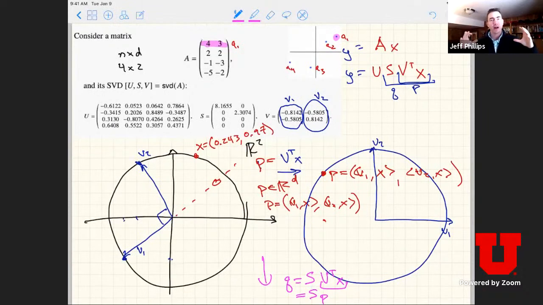It's a diagonal matrix, like an identity matrix, but I'm scaling along these diagonal elements, and they tell me specifically how the coordinates are scaled. So 8.1 is telling me how the V1 coordinate is scaled, and 2.3 is telling me how the V2 coordinate is scaled.